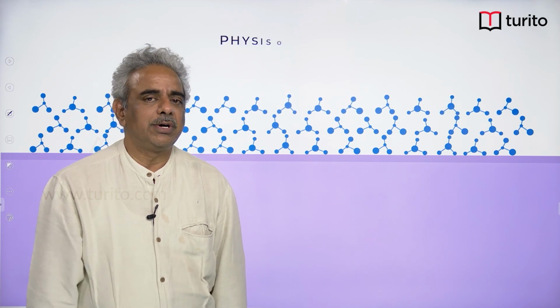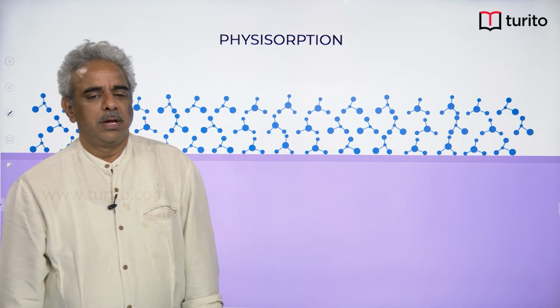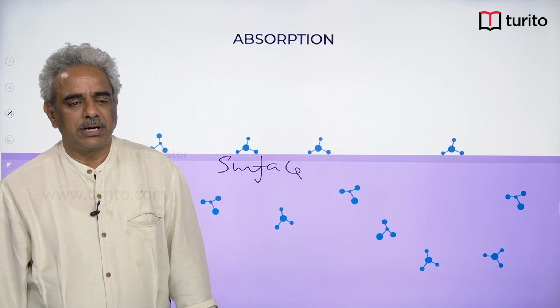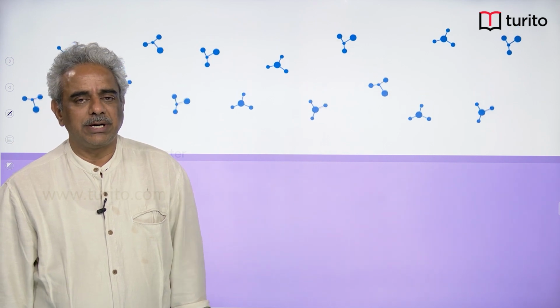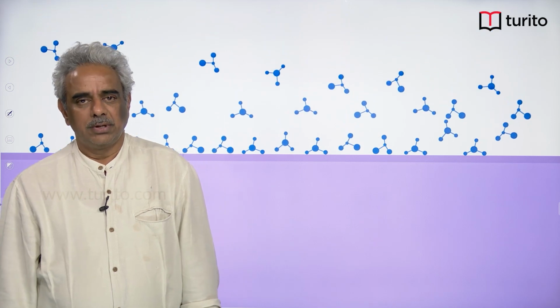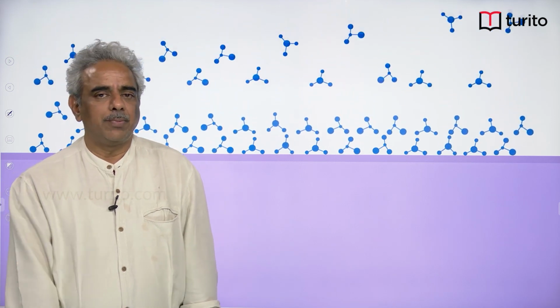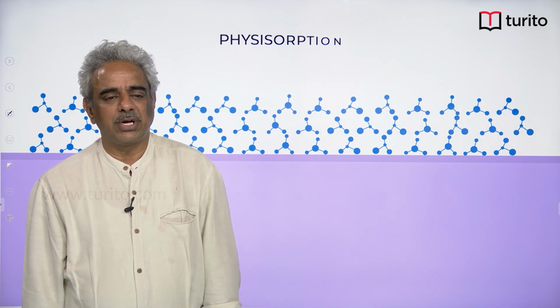What else have you observed in this particular case? There is one layer of particles settling, and one more layer settling on the already settled particles, and one more layer is also settled. This is called physical adsorption, this is called physisorption.